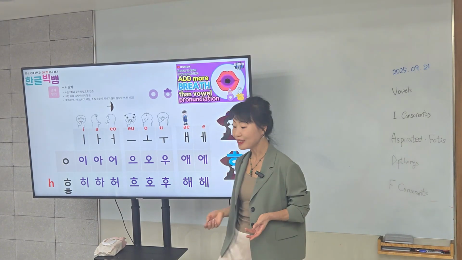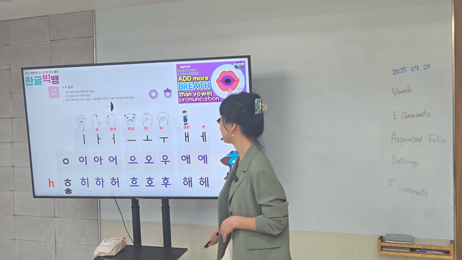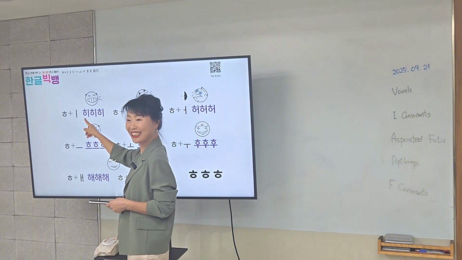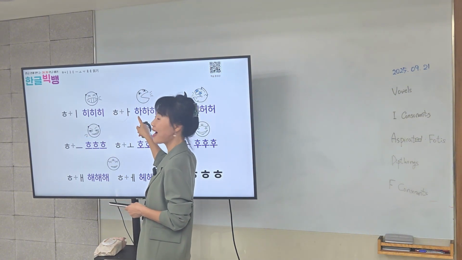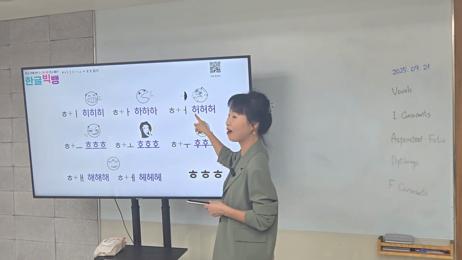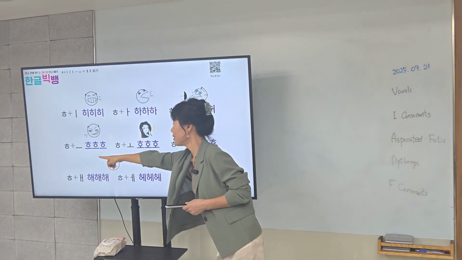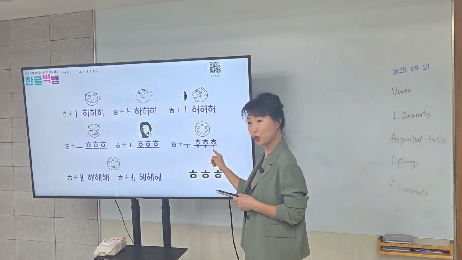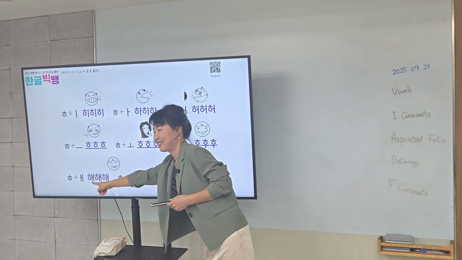So just add more air. So who plus E? He. Who plus A? Ha. Who plus O? Ho. Who plus U? Hu.